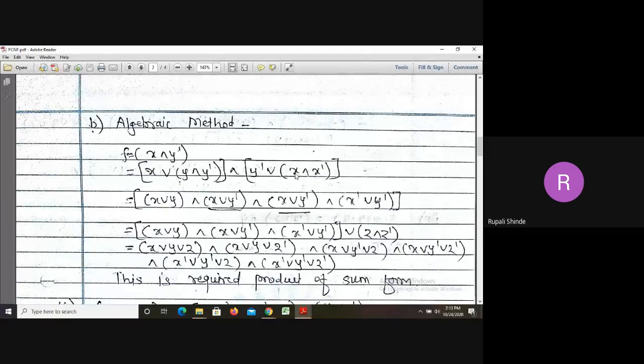Why? Because this sequence must be same as given in function. आता फंक्शन मध्ये सिक्वेन्स काय दिलाय, x y z, तसाच सिक्वेन्स आपल्याला प्रत्येक ब्रॅकेट मध्ये पाहिजे. So we have written this one as x OR y's complement and x complement OR y's complement. This is next bracket. So have you understood this example up to this step?